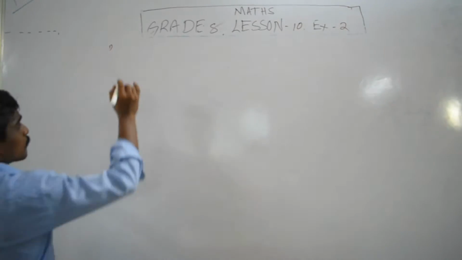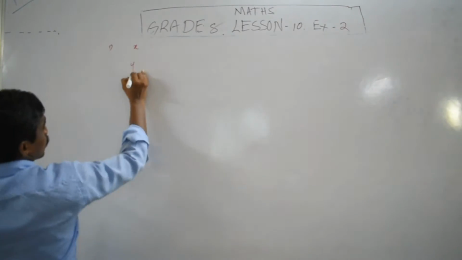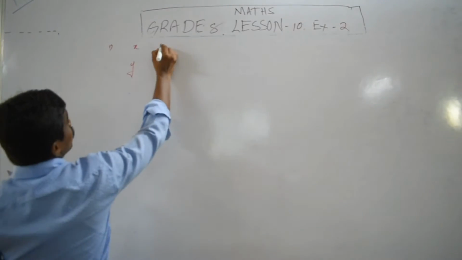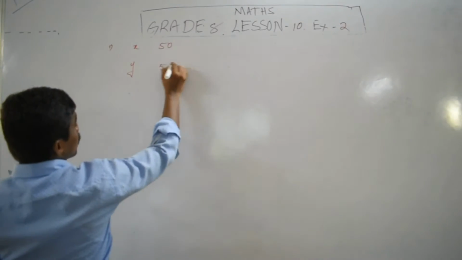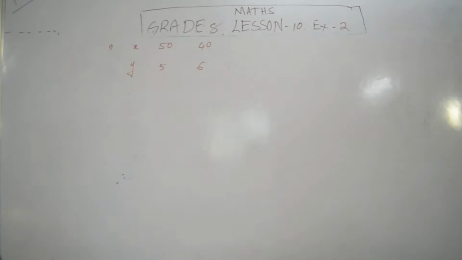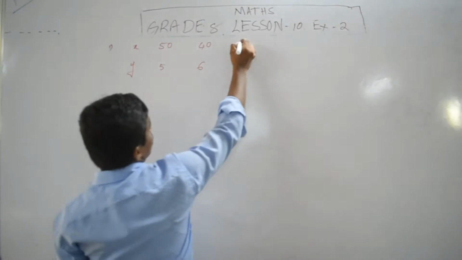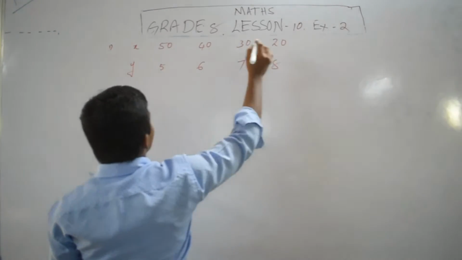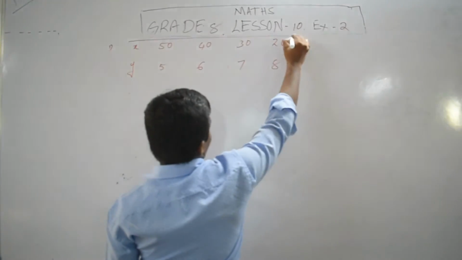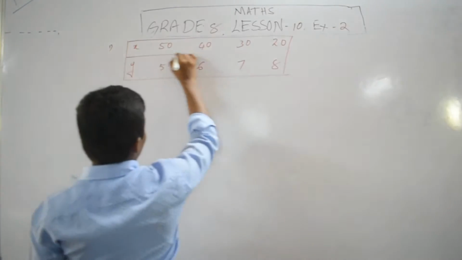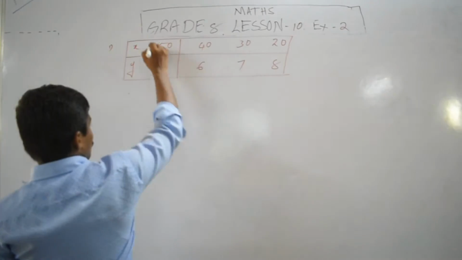Here x variable given and y variable given. 50, 55, 46, 37, 28. Are these inverse proportion, yes or no? How do we say?